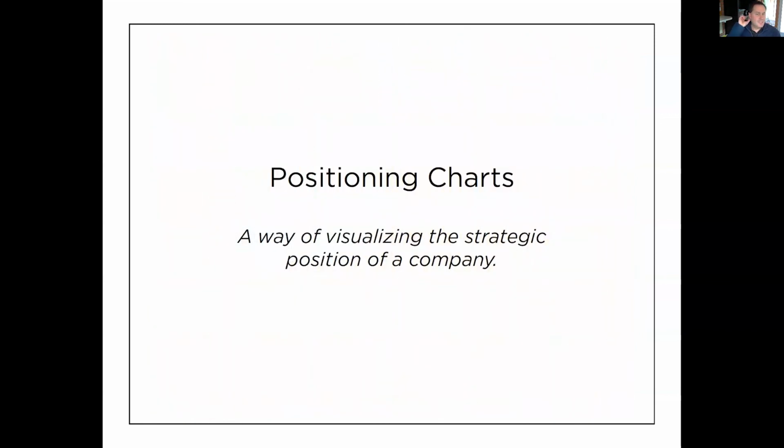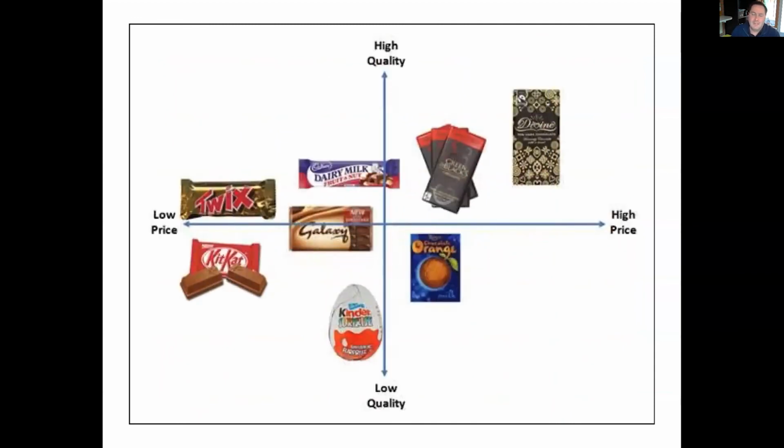There are positioning charts, which are a way of visualizing a strategic position of a company. If we're looking at this particular chart, you notice that there are certain candies, certain chocolates, I should say, where this is centered around chocolates. Some are ranked as low price and low quality.